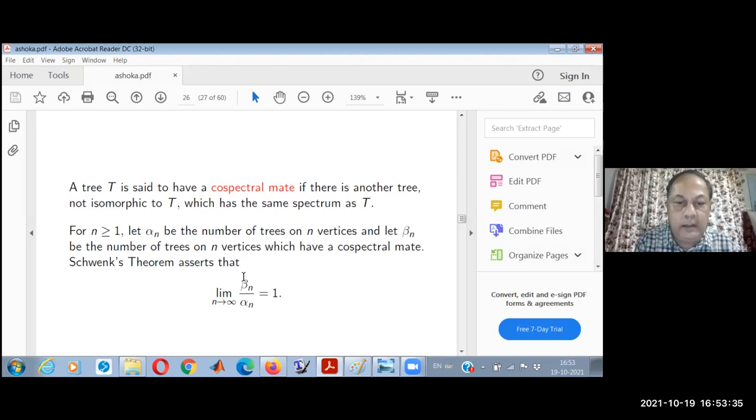And Schwenk's result says that the limit of the ratio beta n upon alpha n goes to 1 as n goes to infinity. So essentially it says what I said earlier, that if you take any random tree, then with probability 1 you will find another tree with the same eigenvalues but not isomorphic, and this is quite surprising.